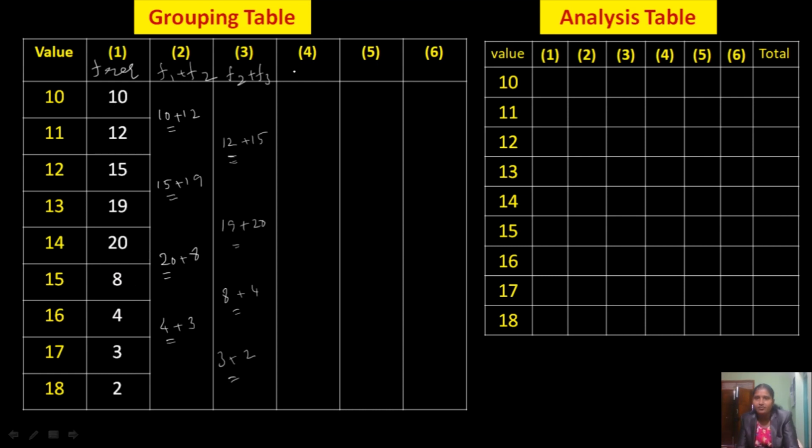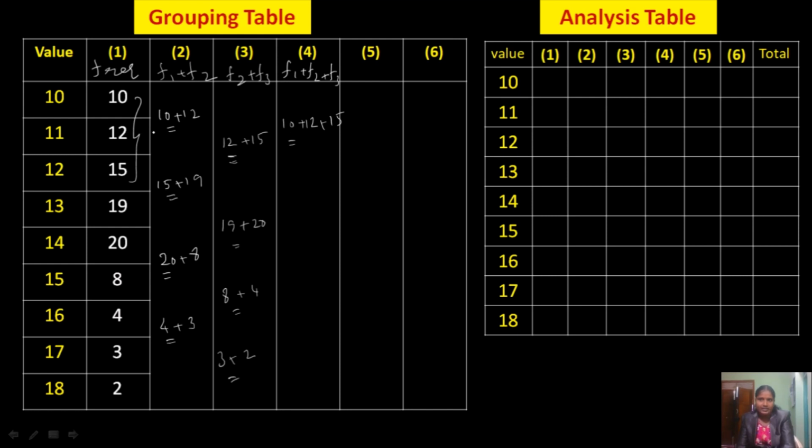Then under column 4, we have to add the frequencies in threes. That is, add the frequencies F1 plus F2 plus F3. So you have to add the frequencies in threes. Add 10 plus 12 plus 15. You write it in the center of these three values, nothing but 12.